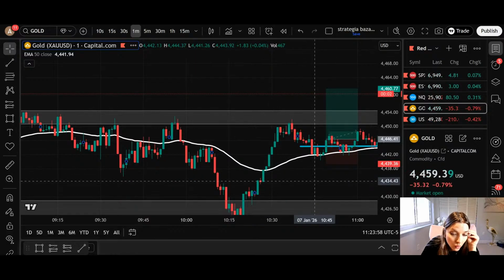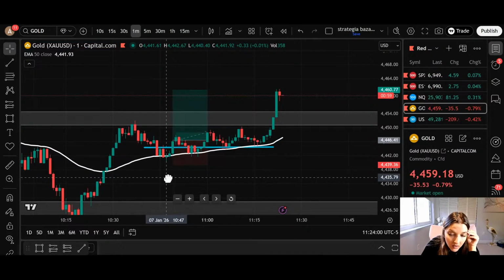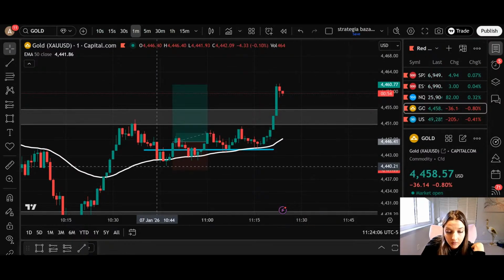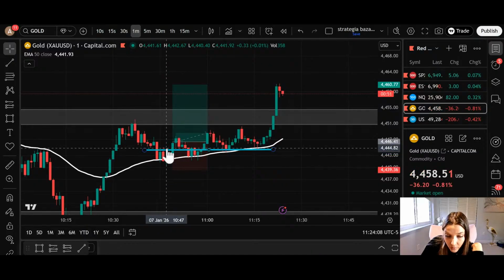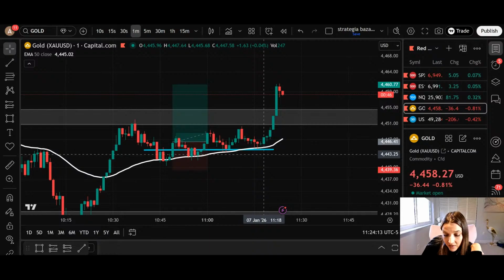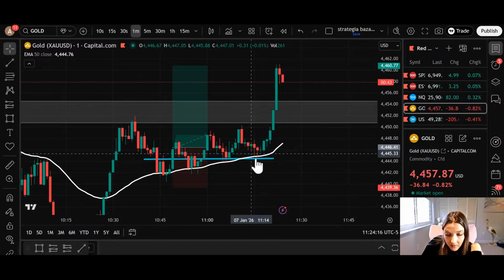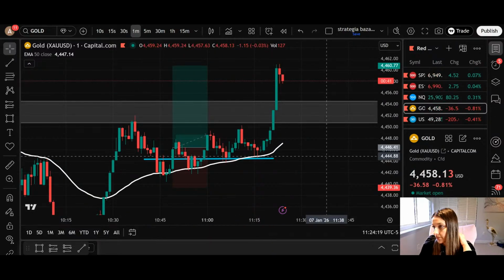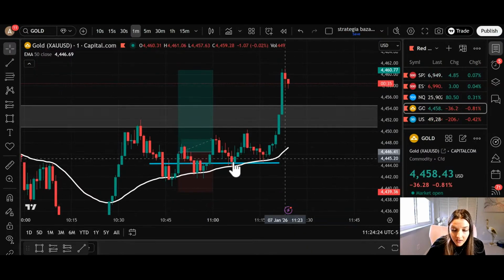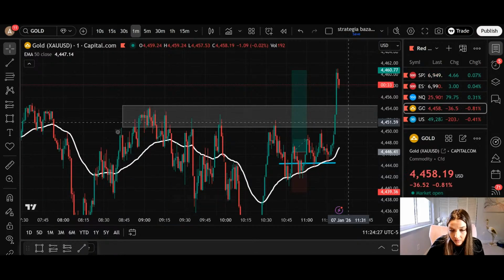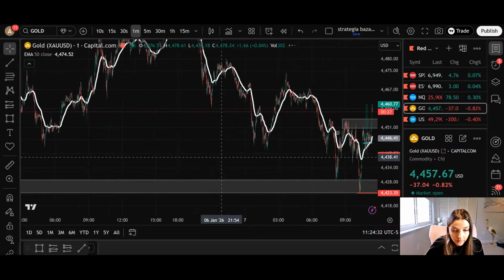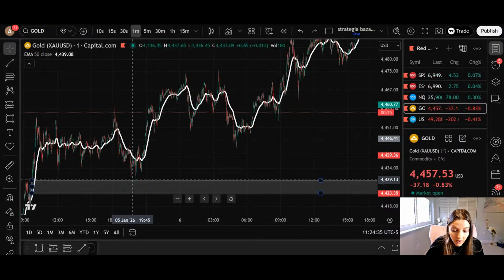I wanted to take it when the EMA actually acts as a support. So here is where the EMA acted as support. So I got in. And you can see it acted many times till the sellers got tired. The EMA was strong enough. Now this works all the time? No. But on a setup like this, you just want to risk a little bit. Because again, here you see this area is a strong area.